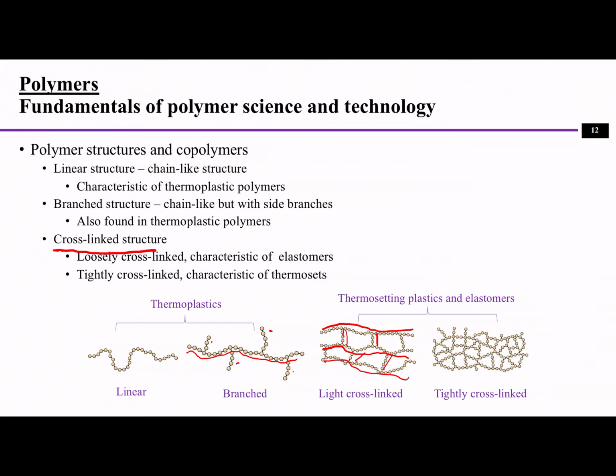Because they form this cross link of the chains, usually those kinds of material have higher strength, stiffness and toughness compared to linear structures.